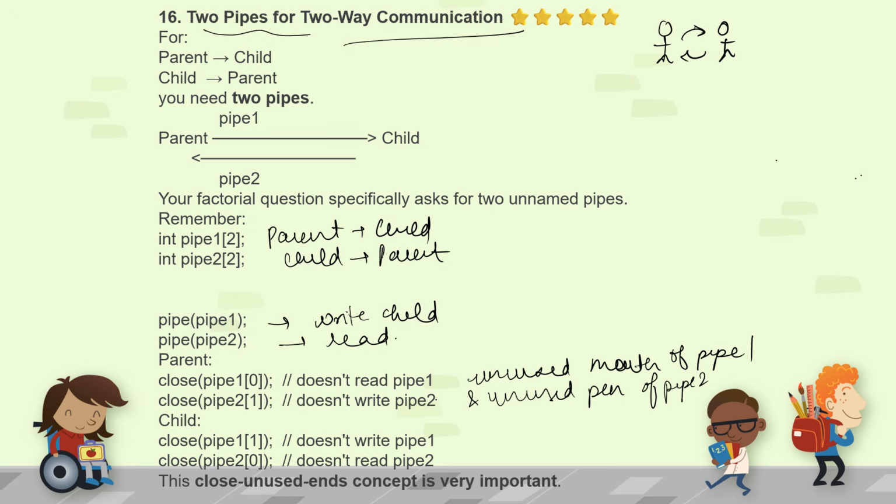Similarly, in case of the child, now the child wants to read from the parent, right? So he closes the unused pen of pipe 1 and the unused mouth of pipe 2.